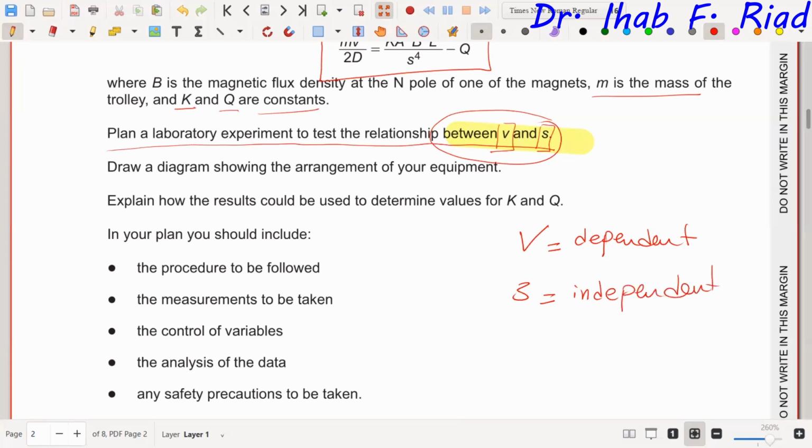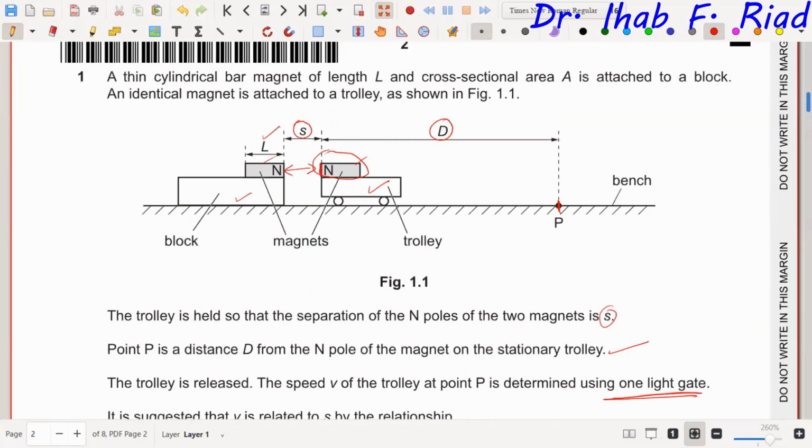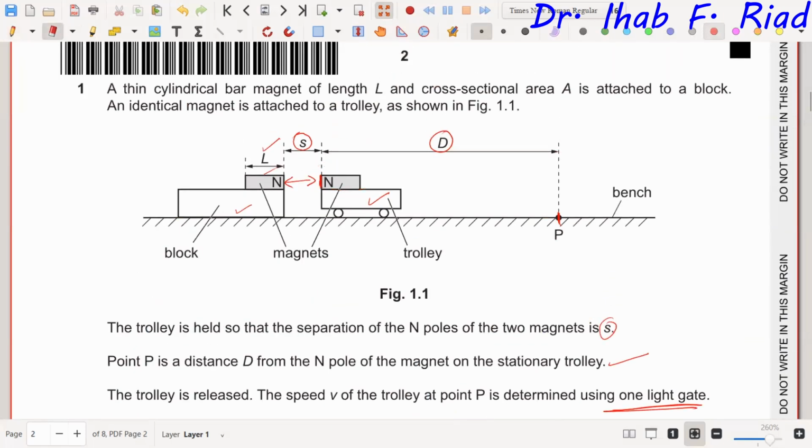Can you see how the experiment goes? We have two magnets. One is fixed and one is on a trolley, right? Yes. And both magnets are facing the same pole, so it is north and north.